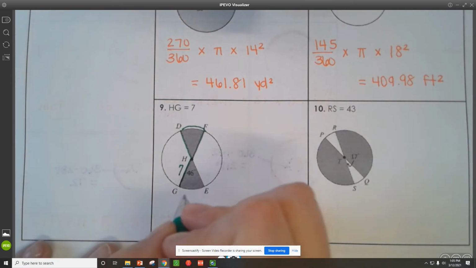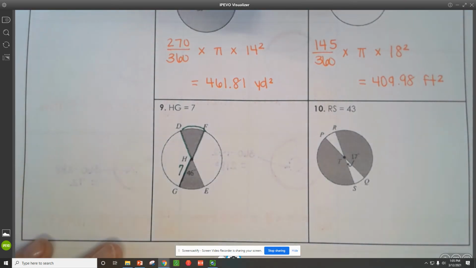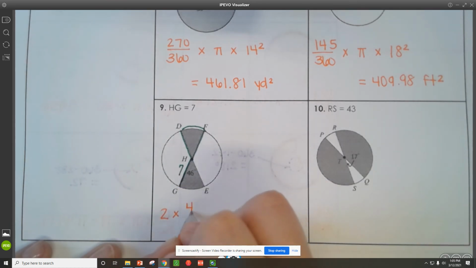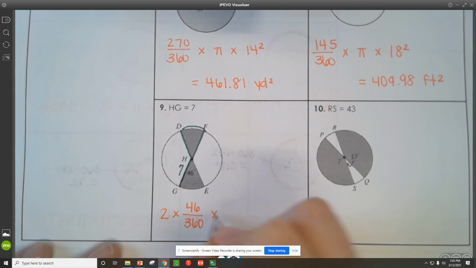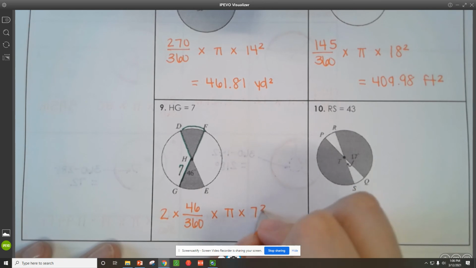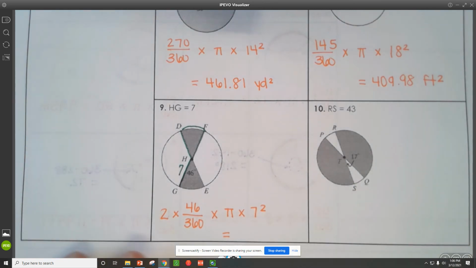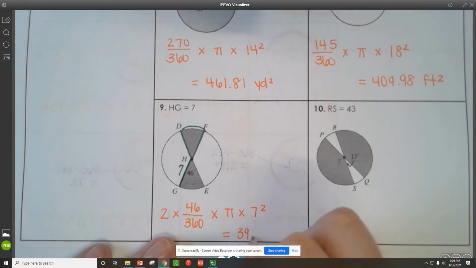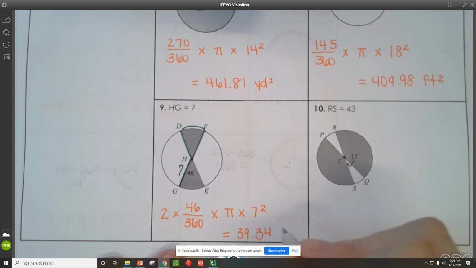All right, so we're going to do 2 times, we have 2 of them. The angle is 46 over 360 times pi times my r squared. And we get 39.34, we'll just say units squared.